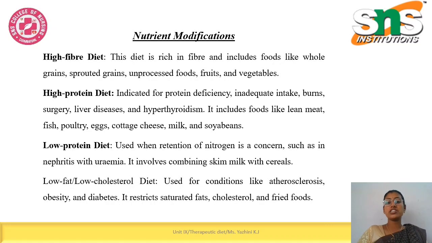We should not include fried food items, and cholesterol should be avoided in diseases like atherosclerosis, so we have to restrict the saturated fats.